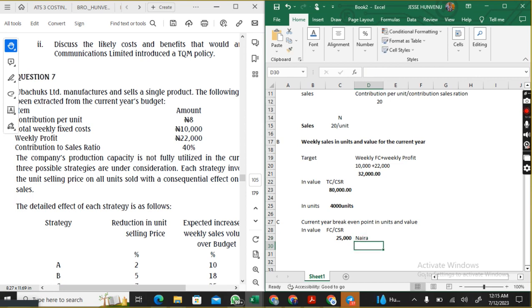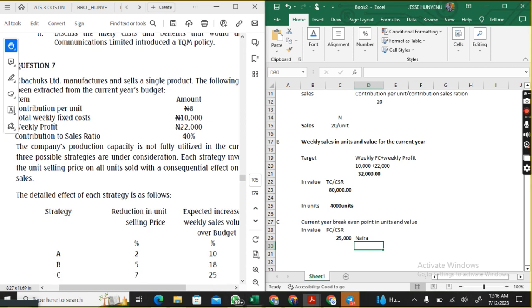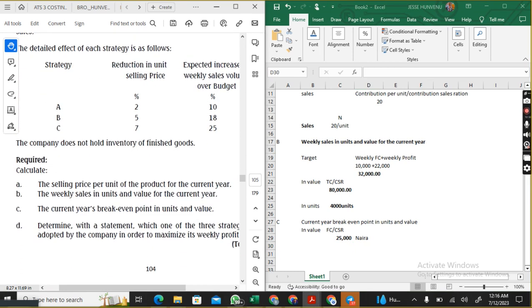Are you getting this one? Yes, sir. But the question is saying it's a year budget, and they said the current year break-even point. That means we need to multiply what we get by the weeks in the year, because this one is a weekly break-even value. Is it 52 weeks?